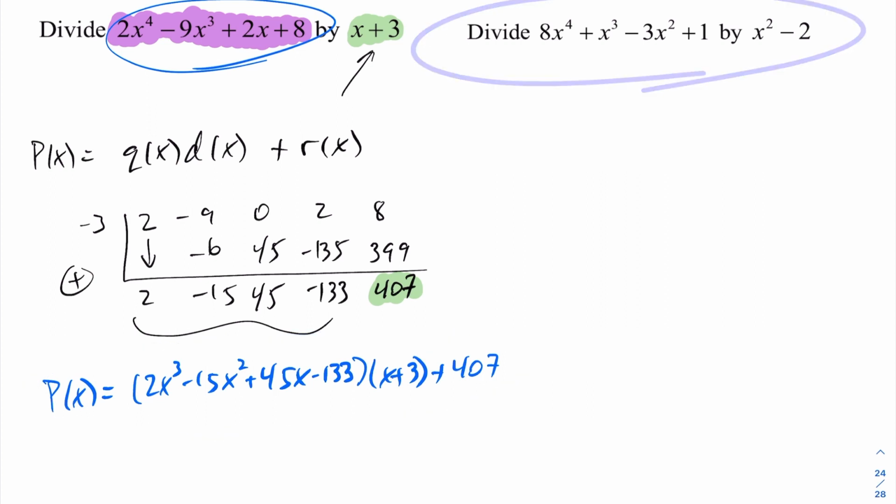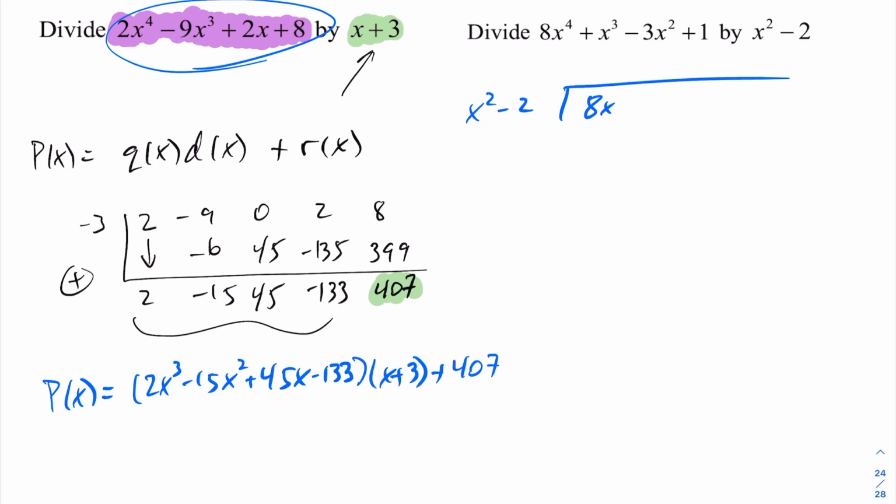So in this problem here, same sort of idea, except we're dividing by a nonlinear factor. When that's the case, you have to actually go through a long division process. So our long division process says this is my divisor, and this is my polynomial. So we're going to go ahead and divide this out here. Going through the process here, we get the following.